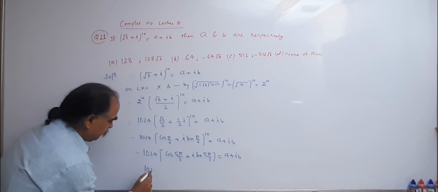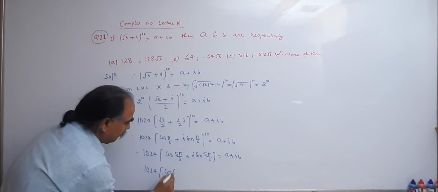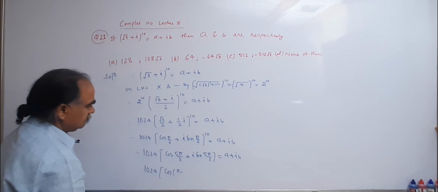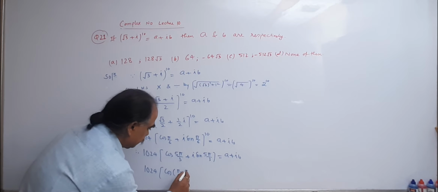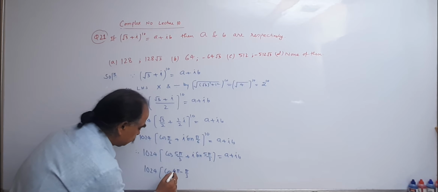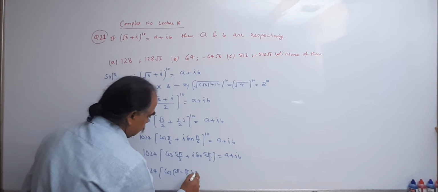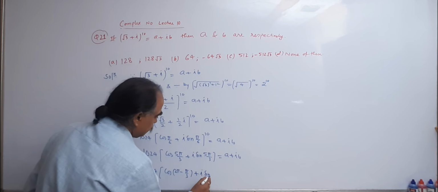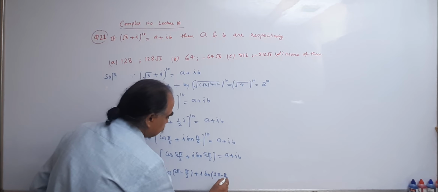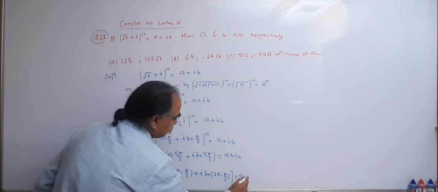So 1024, this can be written as cos(2 pi minus pi by 3) plus i sin(2 pi minus pi by 3) equal to a plus ib. Sorry, 2 pi minus pi by 3.